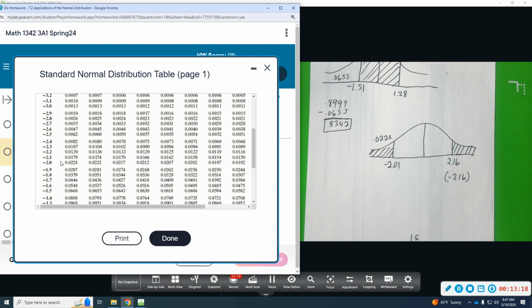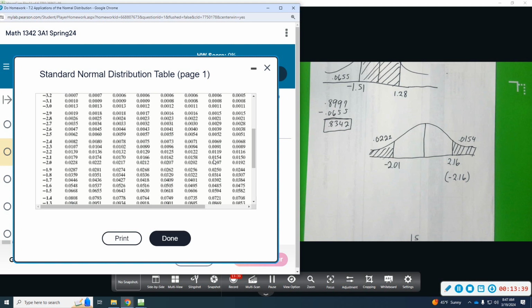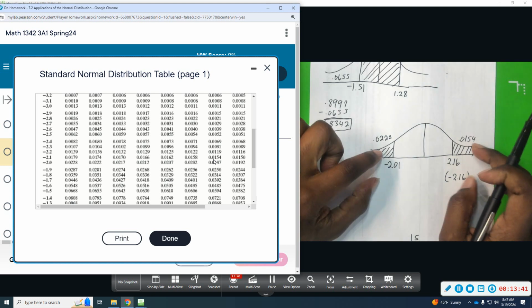Remember, mirror image, they're symmetric. So I can just look up negative 2.1 and then 0, 1, 2, 3, 4, 5, 6. So we get 0.0154. All right, so we got both of those areas.